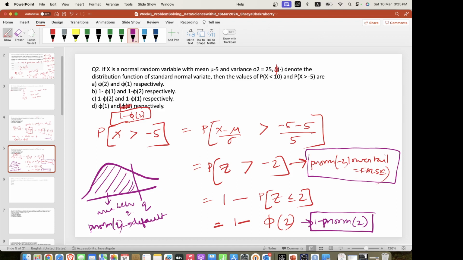This is the classic case where we want probability x greater than minus 5. So we wanted this minus 5. This is x, right? So x mean is centered around 5, and this is your 10.